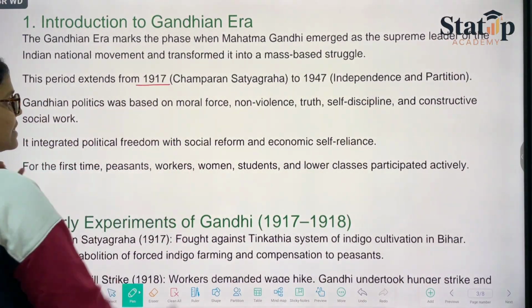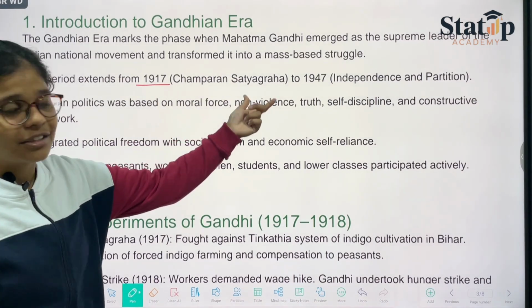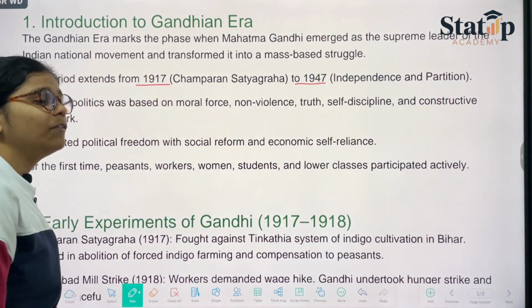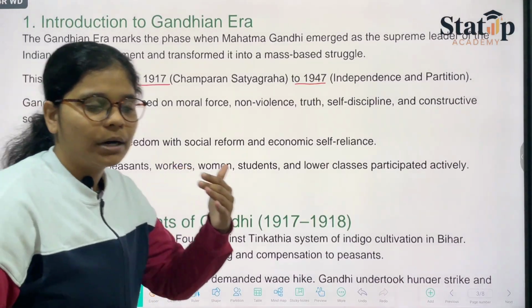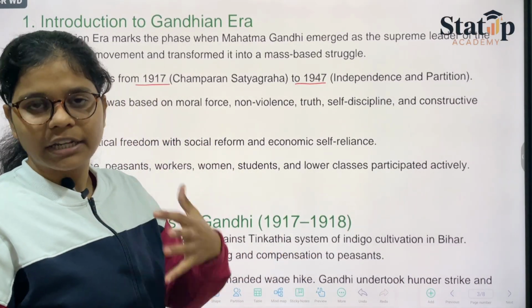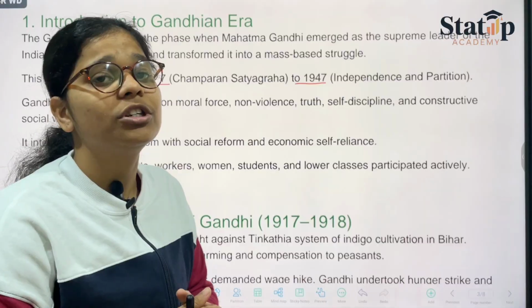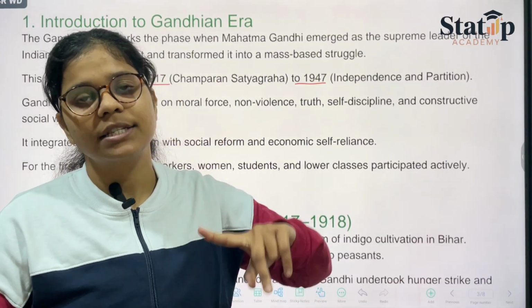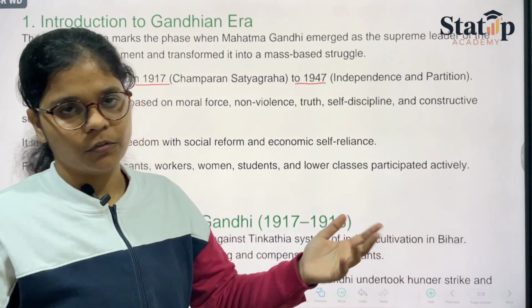It started from 1917, that is Champaran Satyagraha. We will be studying about it, and it ended in 1947, where actually we got independence and we partitioned. Partition means India was divided into two portions, one was Pakistan and one was Hindustan, obviously.